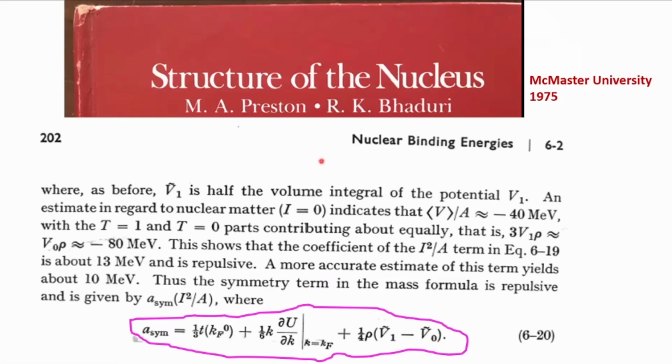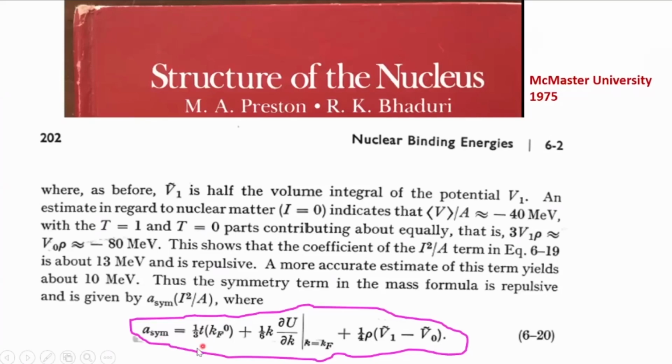The reason is because many books just give you a number for the symmetry energy, say around 25 MeV, like in Bohr and Mottelson's book. This book goes beyond that. It analyzes the contribution or composition of symmetry energy.